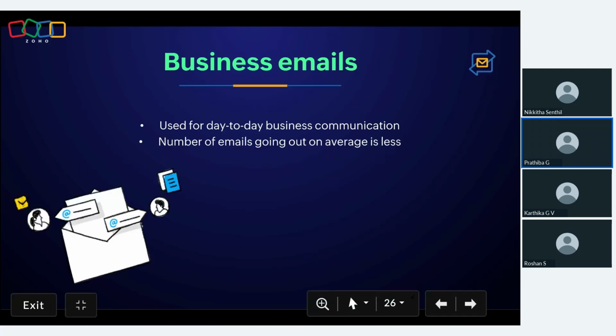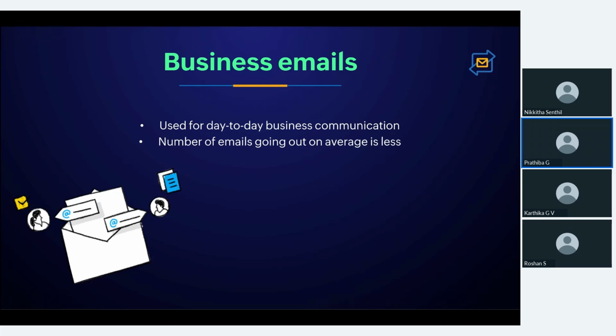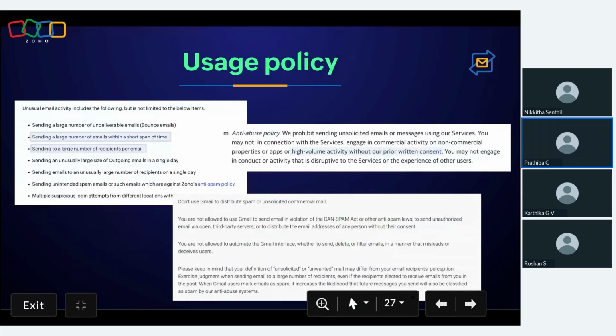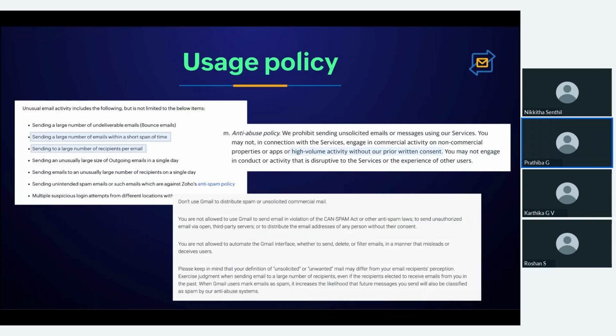This is because business email solutions are designed specifically for day-to-day email communication, and the number of emails going out from the service too will be lesser when compared to other types of emails. And to ensure a business solution is just used for day-to-day business communications, business email providers have policies that do not allow a large number of outgoing emails coming from the service.